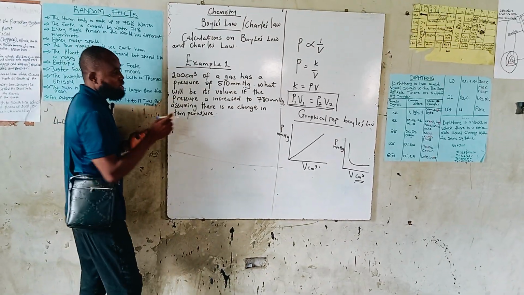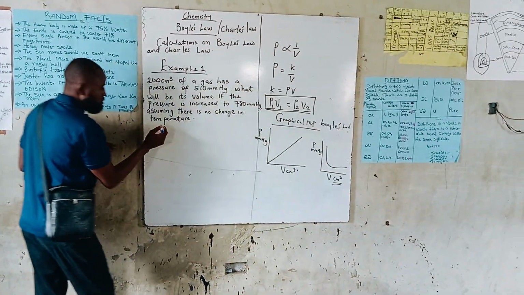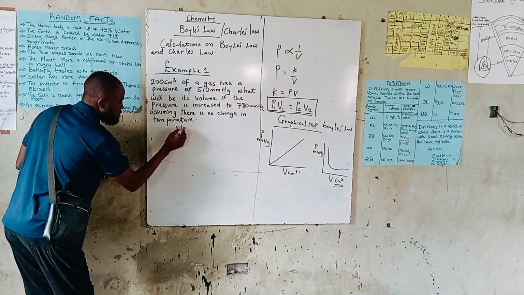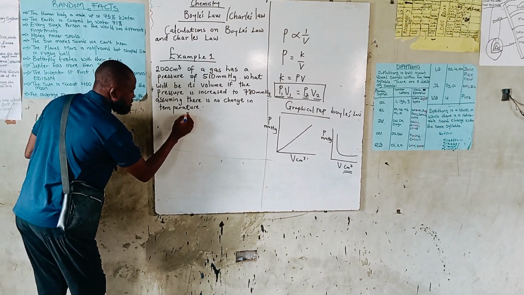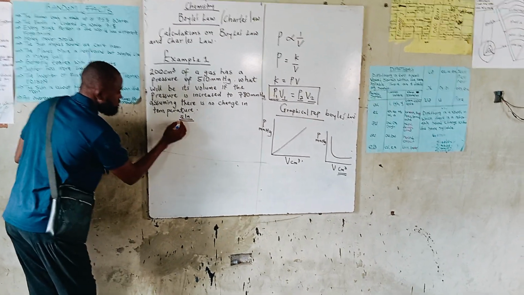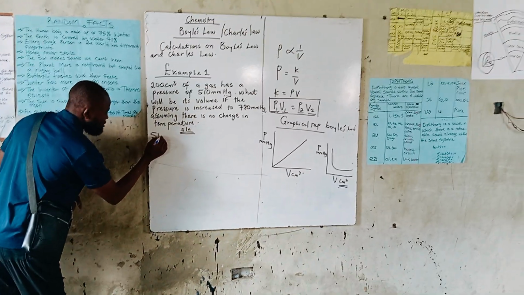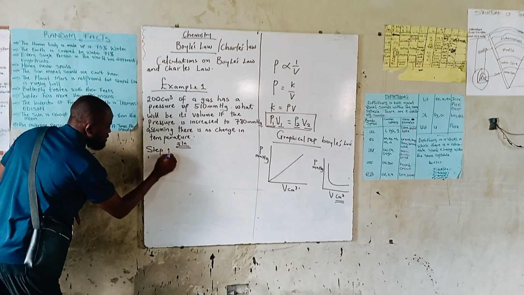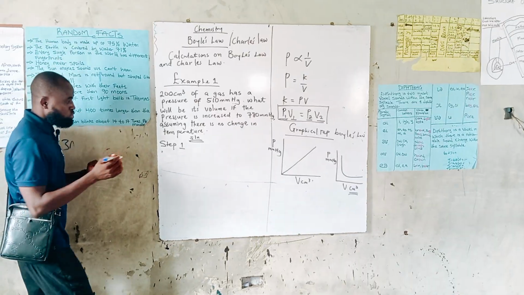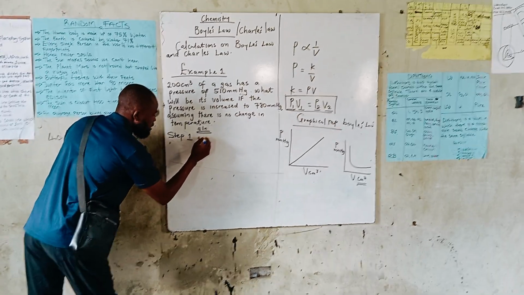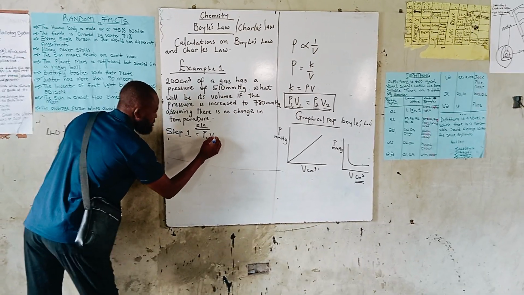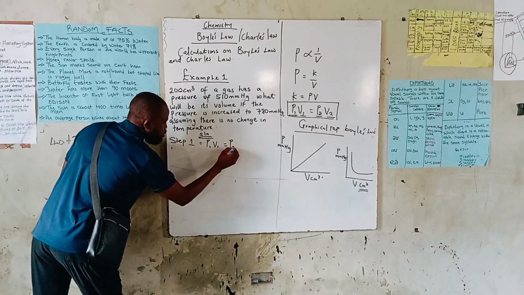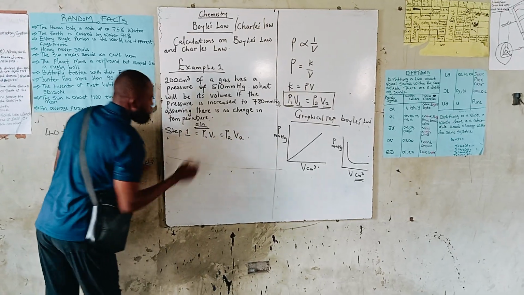According to our formula, Boyle's law, solution, step 1: you write all your parameters out. That is your formula, P1 V1 equals P2 V2.